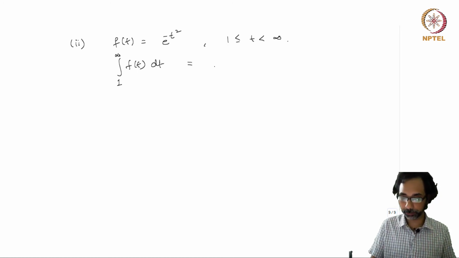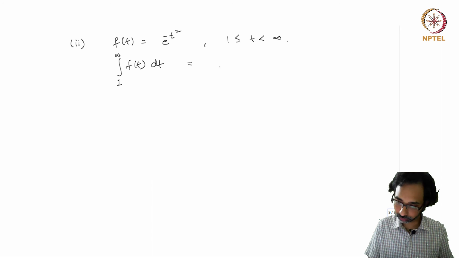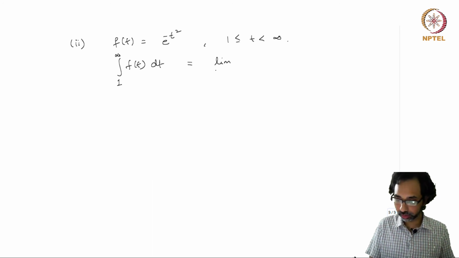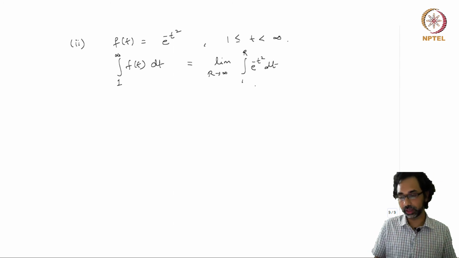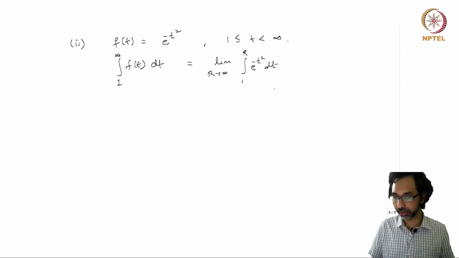So this is equal to the limit as r tends to infinity of the integral from 1 to r of e to the power minus t squared dt. This is the definition of the improper Riemann integral.